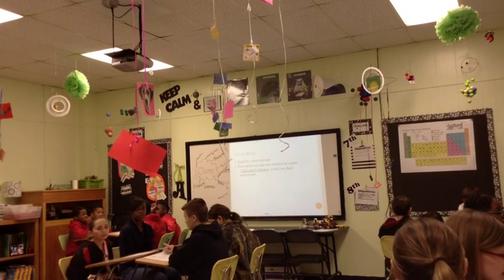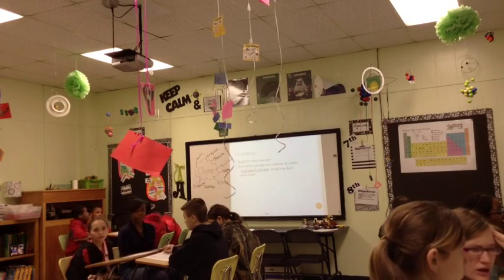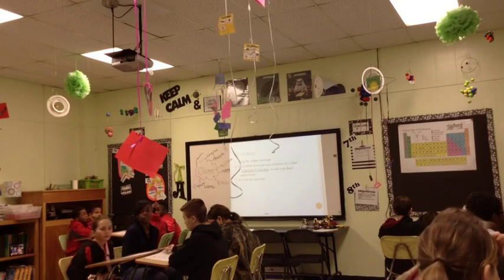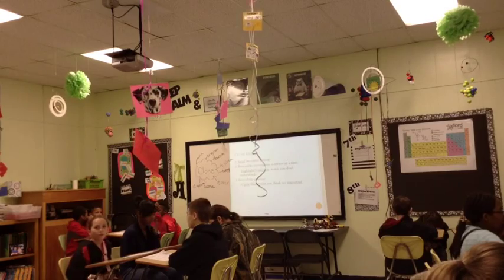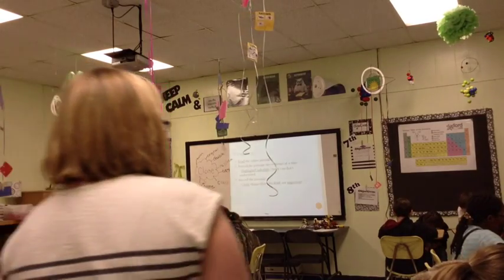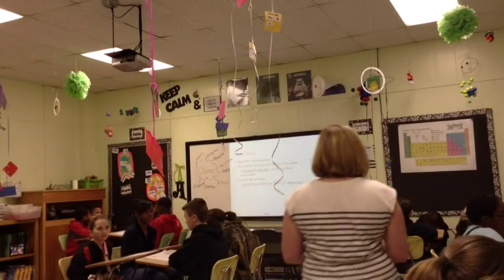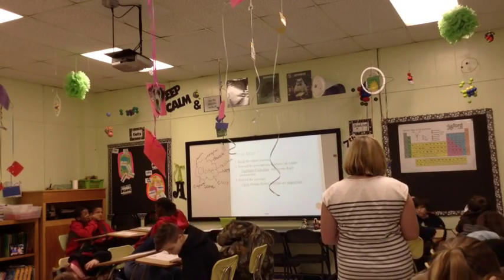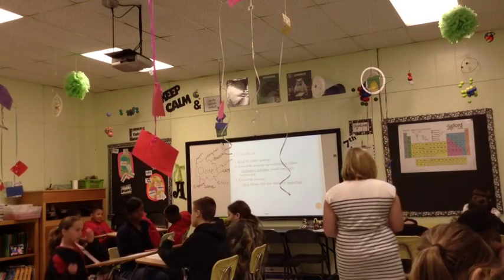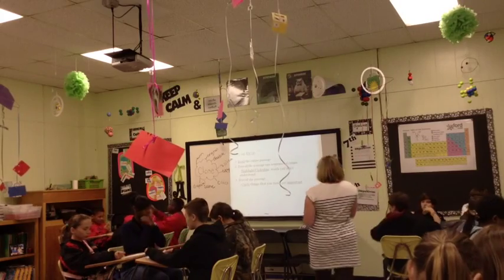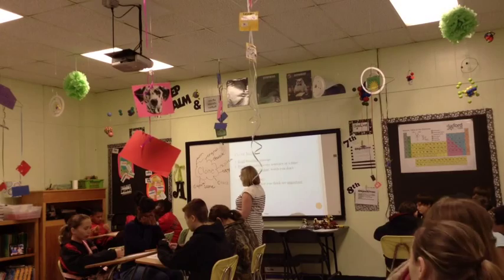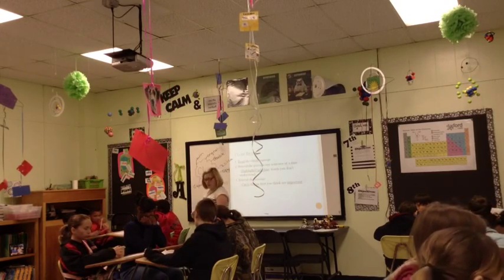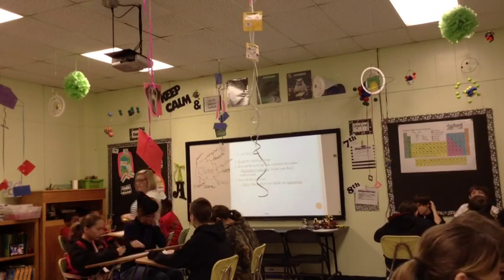The next thing we're going to do is go back to the article again. We're going to reread the passage, and this will be the last time that we read the passage. But this time I would like for you to take out your pencil and circle any important facts or details that you found in this article.